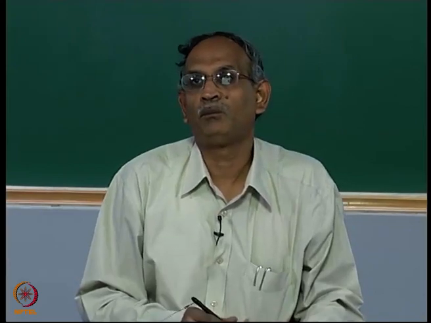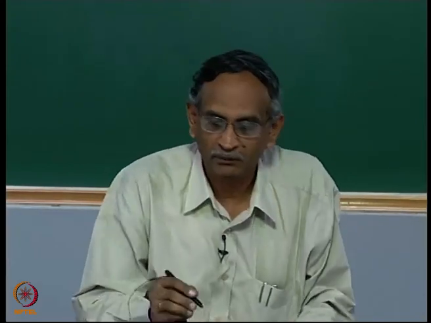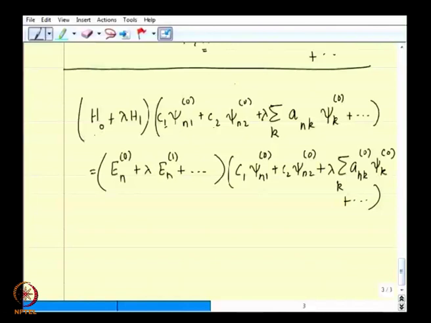The first term will be the statement that we made already, namely H naught acting on this linear combination gives you E n 0 on the linear combination. Of course, we already know that.